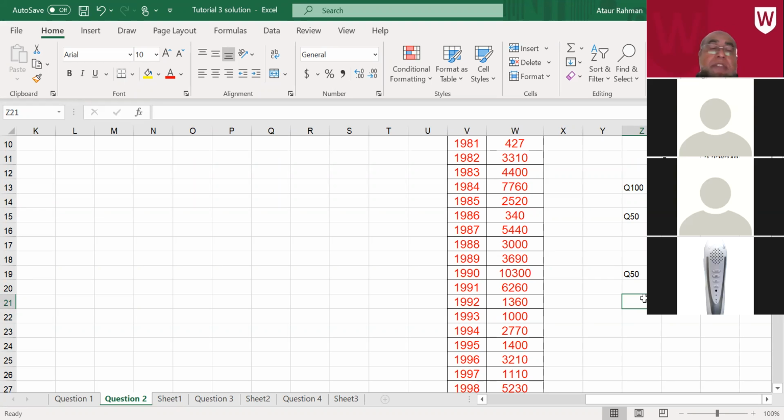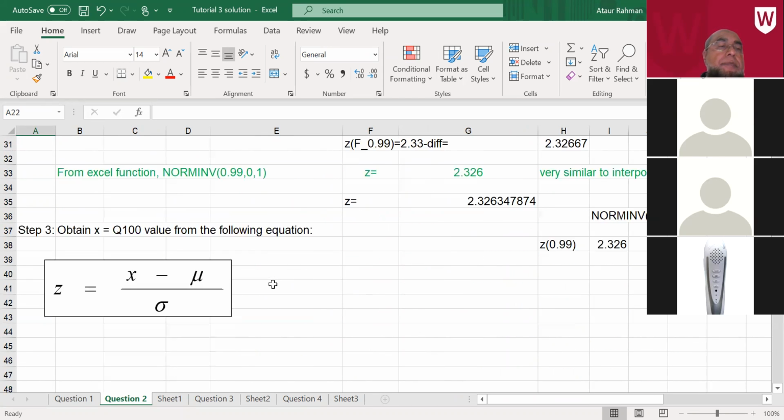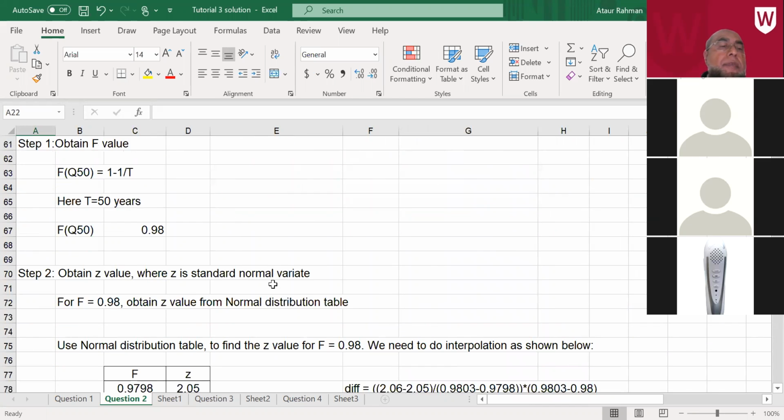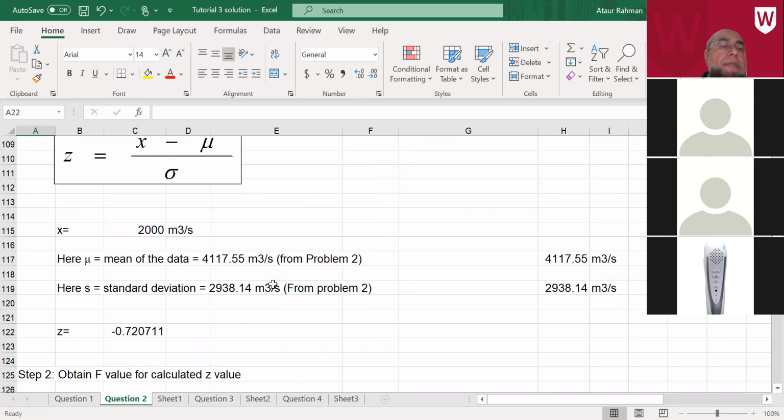So the next part of the question is that, for a given flow, we have to find out the probability of exceedance of that flow. So let us see that problem.